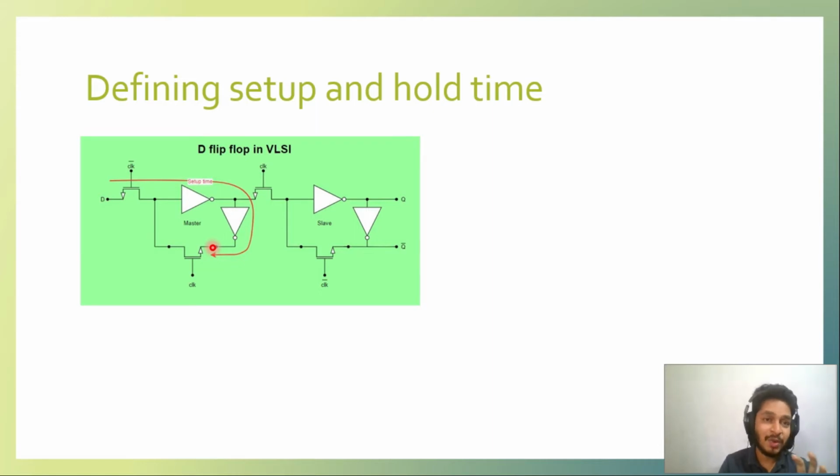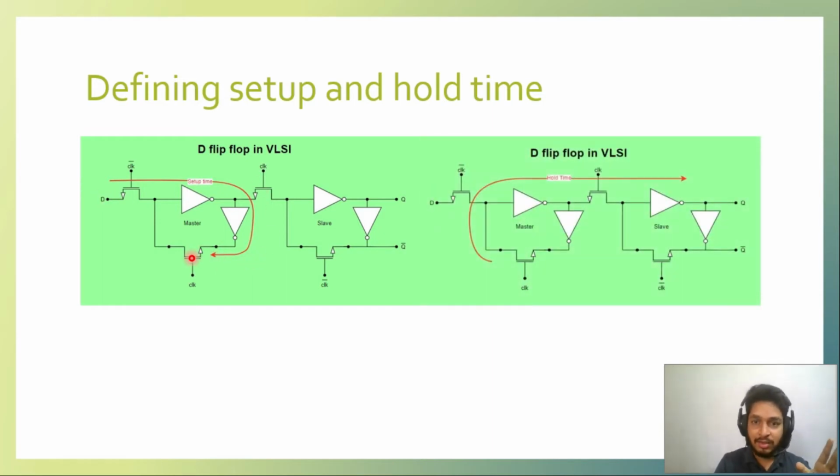This is the reason why we have setup time. So inside the flip-flop, this is the propagation time which leads to the setup time, and inside the flip-flop, this is the time which is the reason for hold time.